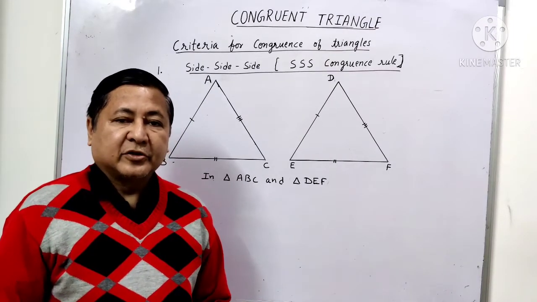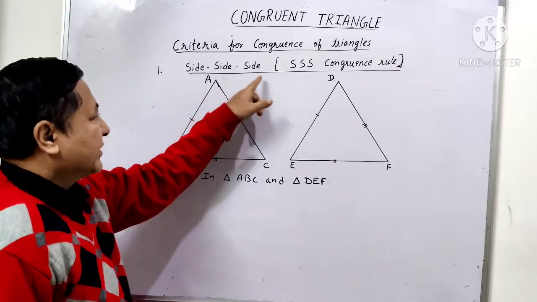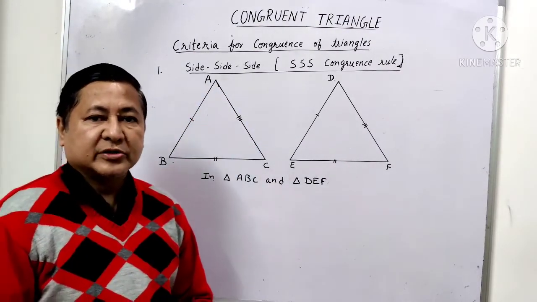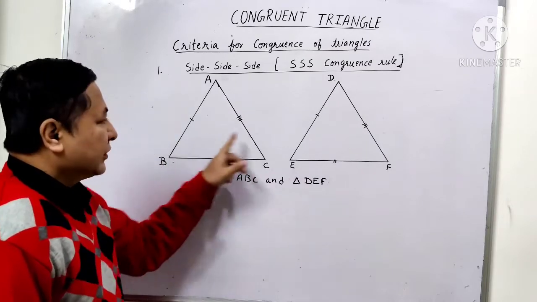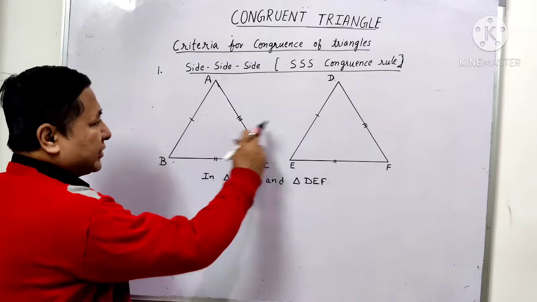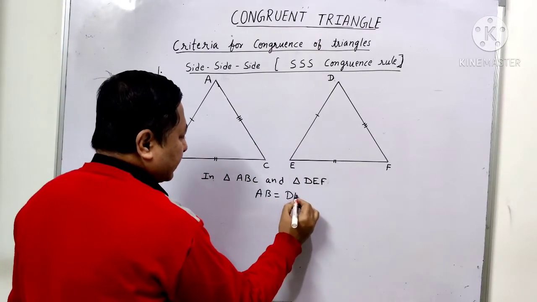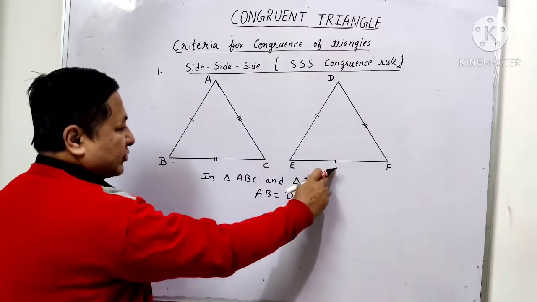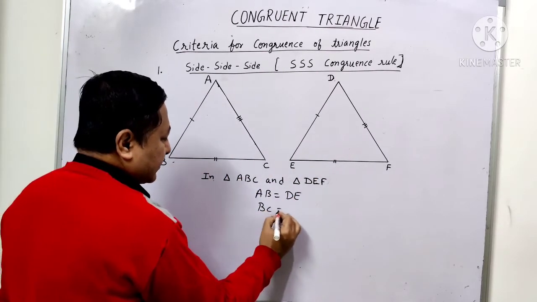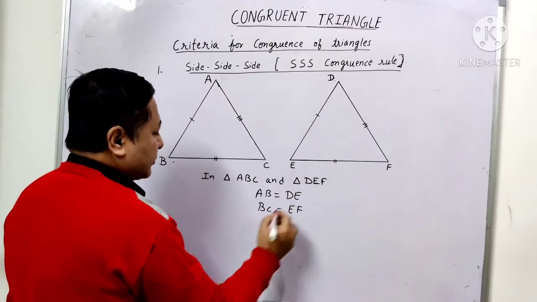Now let us take the first criteria for the congruence of triangles, and that is the side side side, SSS congruence rule. Now we have taken the two triangles ABC and DEF here. In these triangles, AB is equal to DE, BC is equal to EF, and the third side, that is AC, is equal to DF.